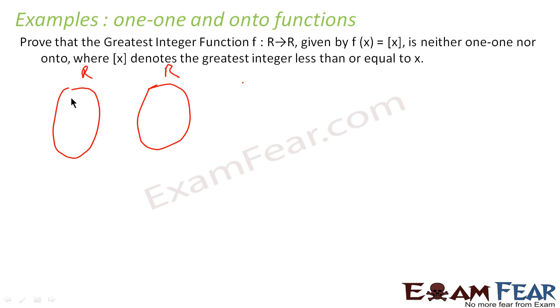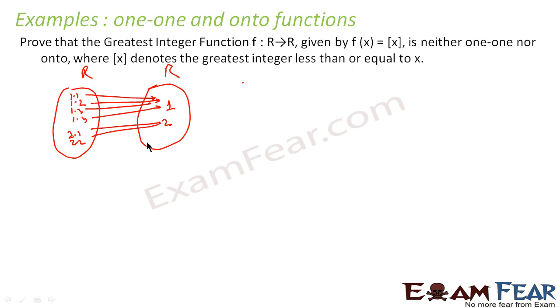So real numbers can have values like 1.1, 1.2, right, 1.3, 1.4, all these numbers can have. And if you take this greatest integer function, it will give 1 only as an output. You see, all these give the output 1 only. Similarly, you can have values like 2.1, 2.2, all will give the output as 2.